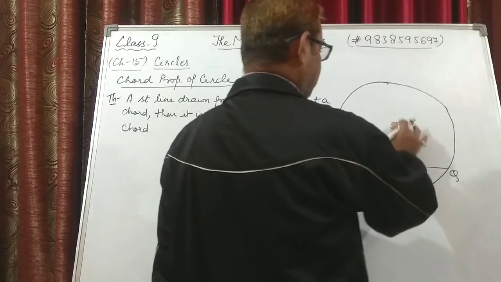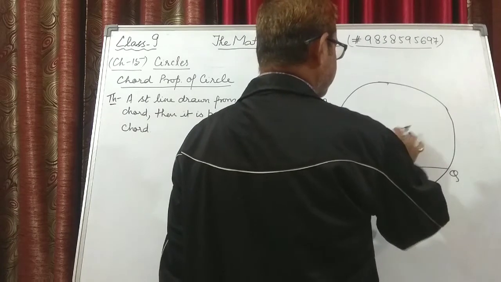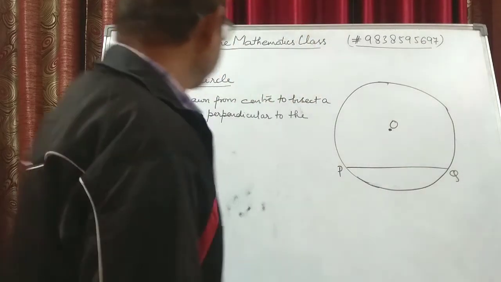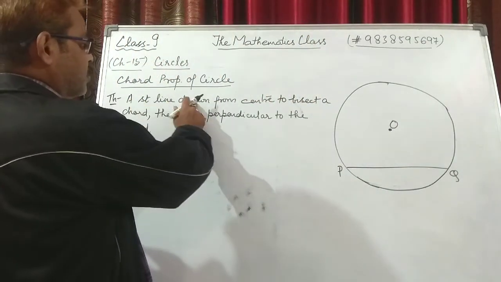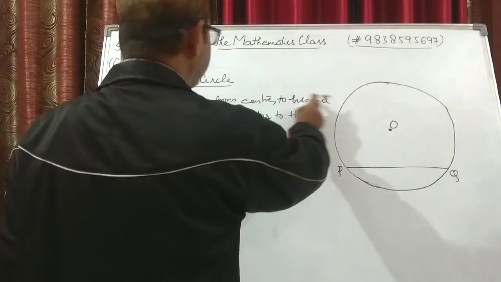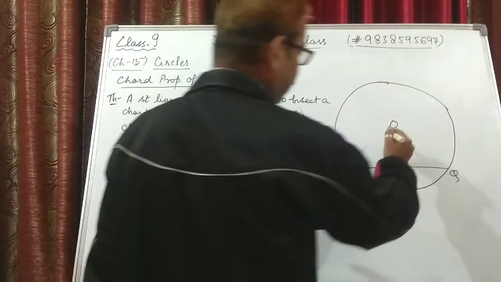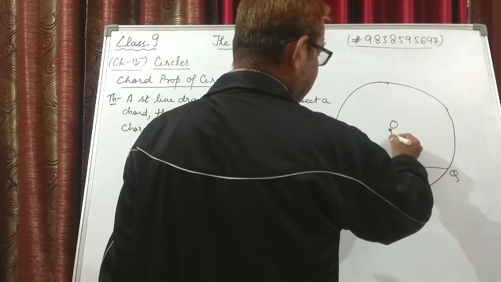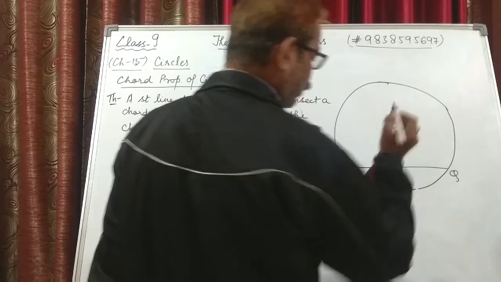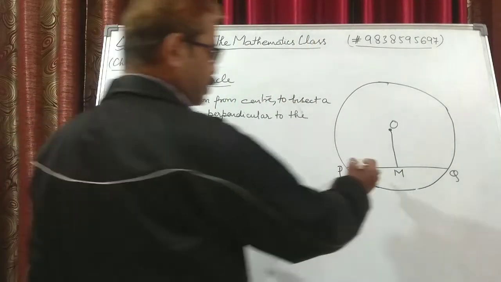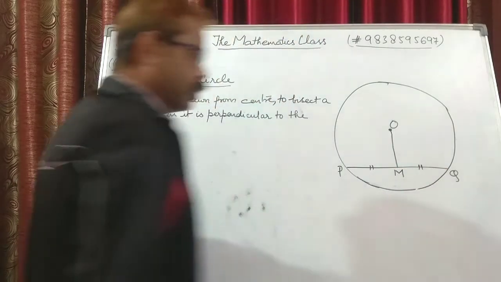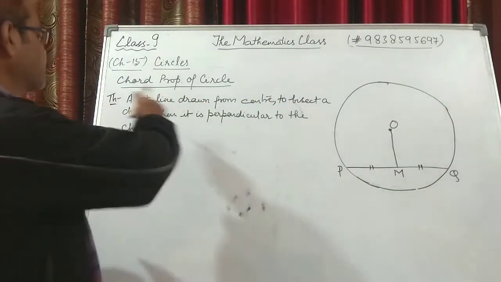Now they say a straight line drawn from the center, which is the center of the circle, to bisect a chord. This is a chord, and the straight line drawn is bisecting it. Let this point be M. M is the midpoint of PQ, or you can say PM and MQ are equal, because it is given in the statement.